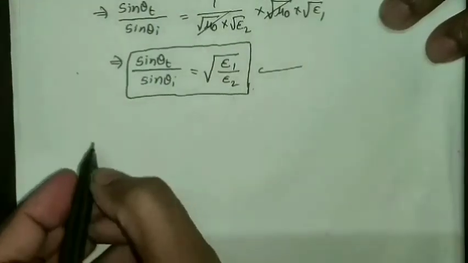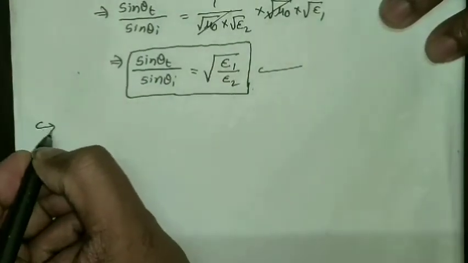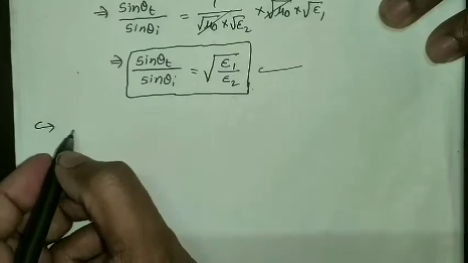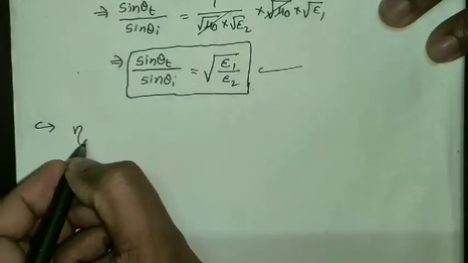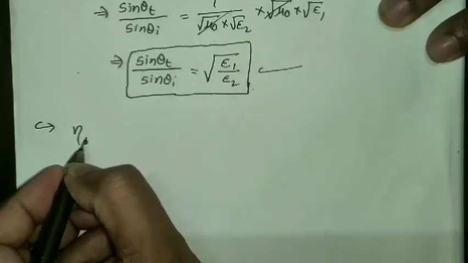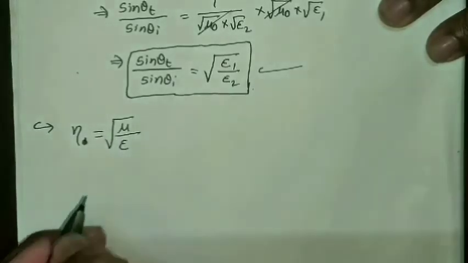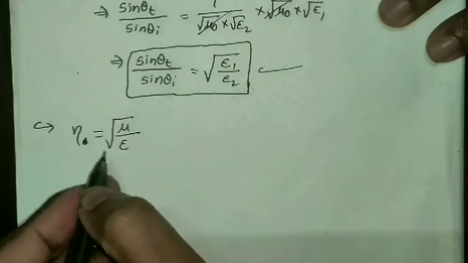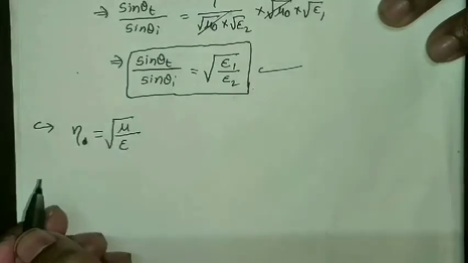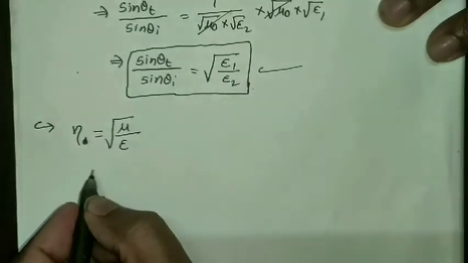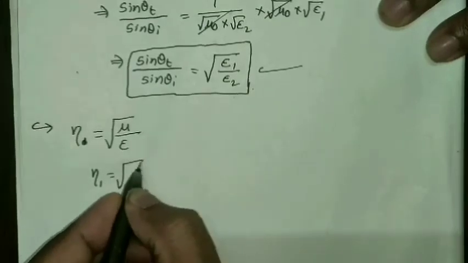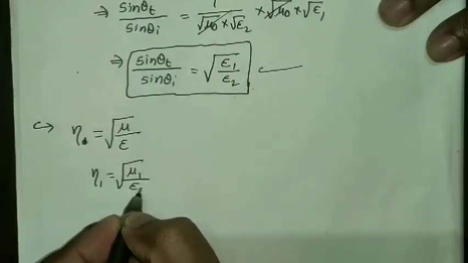In the case of intrinsic impedance, the intrinsic impedance eta can be taken as square root of mu by epsilon. You should remember this formula. For medium 1, eta 1 is square root of mu 1 by epsilon 1.